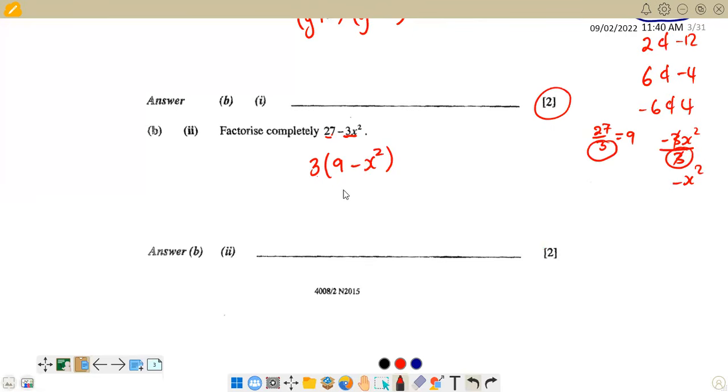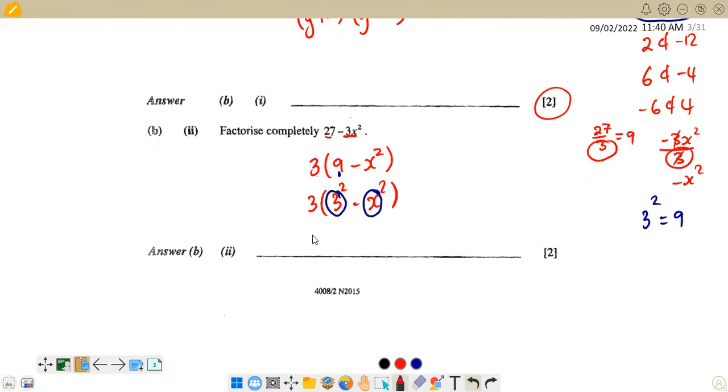And at this stage, if you are to cross-check, we can see that this is a difference of 2 squares. Why? Because I can write this 9 here as 3 squared. Okay, we know that 3 squared is equivalent to 9. So that means we can have 3 into 3 squared minus x squared. Okay, why write in this format? We are going to have these numbers which are raised to the power of 2 into the brackets.